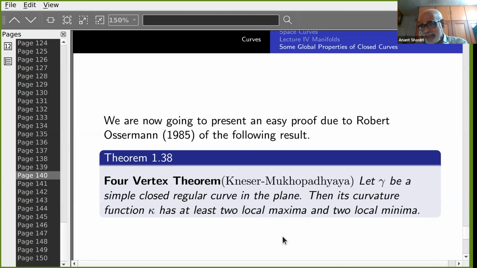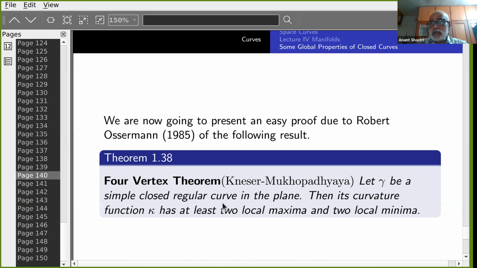So there are not many examples. If you take piecewise smooth curves, then there are many examples, like convex polygons. So that's what we are studying. Here, we are not allowing piecewise smooth. It's entirely a regular curve. So smooth, it's a manifold.